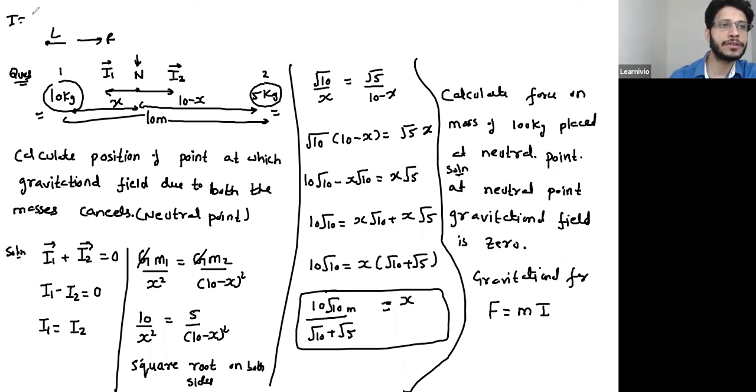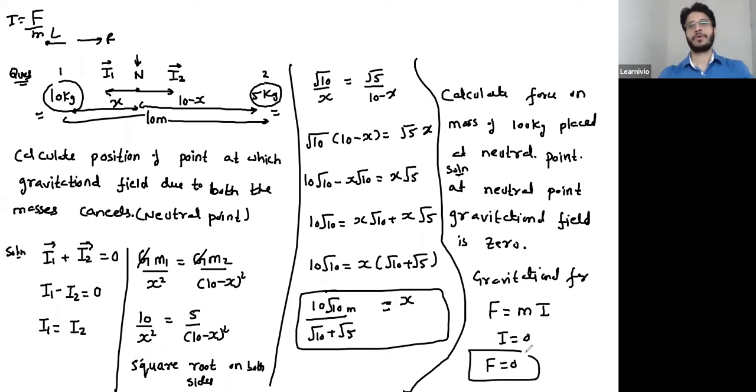Since gravitational field is force by mass, your force is mass into I. So if your I is zero, your force comes out to zero. So at the neutral point, there is no field, that means no force. If at some point gravitational field is zero, that simply means that gravitational force is also zero.